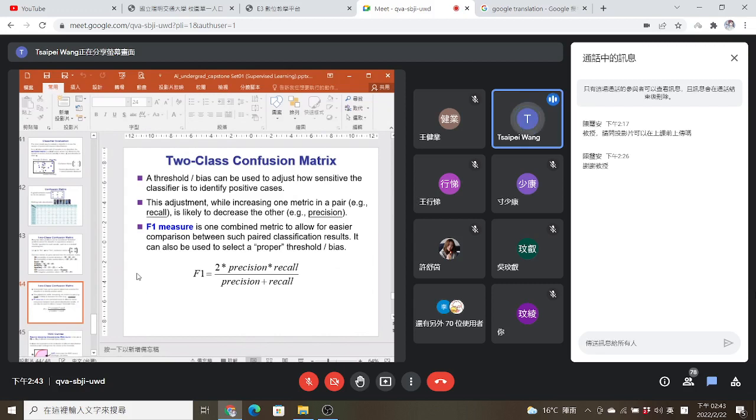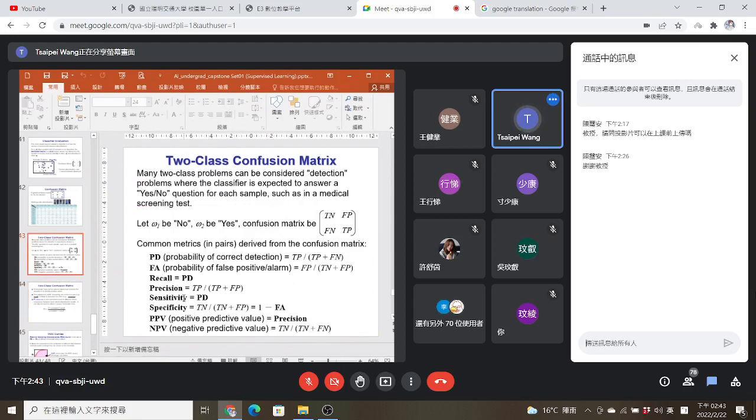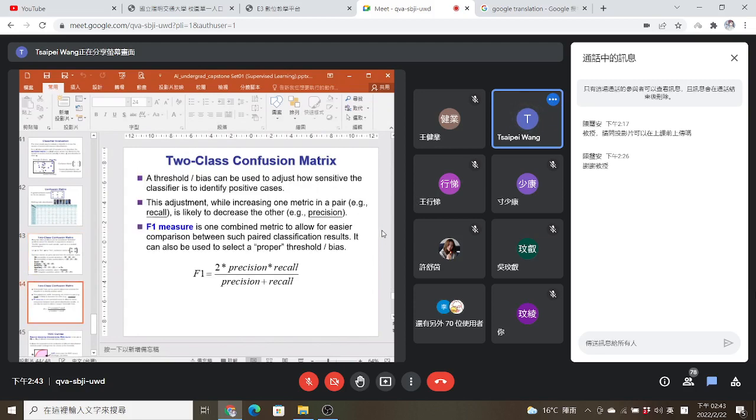So there are some ways to try to combine pair features, and the most common one is called the F1 measure, which is actually the harmonic mean. Its equation is this: a harmonic mean of precision and recall. So you have one single value that allows you to do comparisons between classifiers or between settings or choices of hyperparameters.